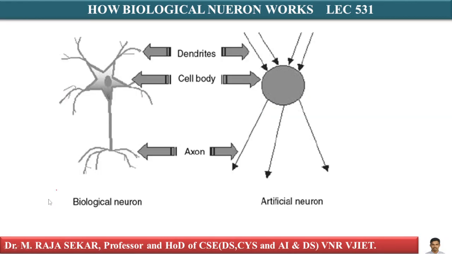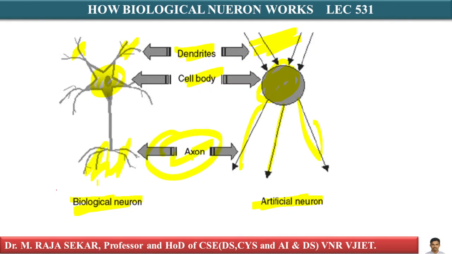This is a biological neuron, this is an artificial neuron. These dendrites are similar to inputs of a neuron. The cell body is represented by a circle. The outputs are represented by axons, isn't it?